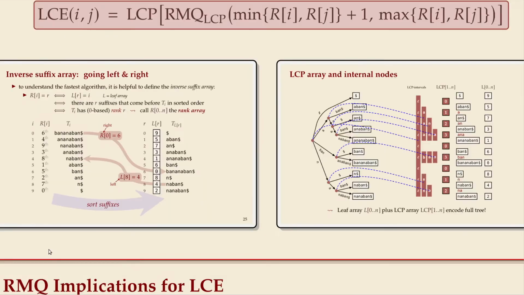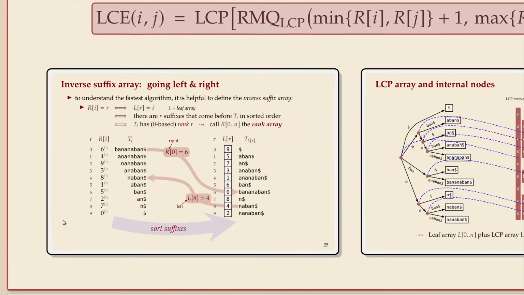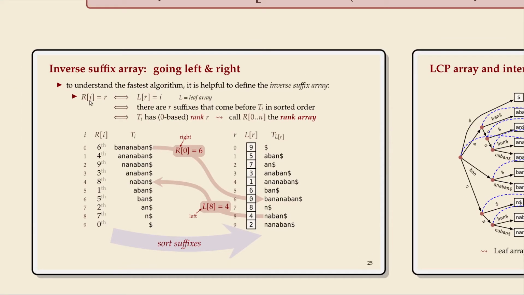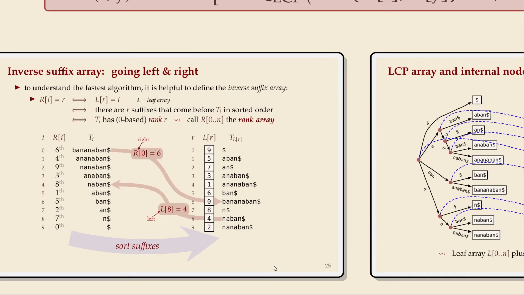Remember, just for getting the notation in everyone's head again, we had the suffix array L, the leaf array, which had the leaves of the suffix tree in sorted order. That is just the suffixes in sorted order. L tells you where this suffix starts, the first, the second, etc. in the sorted order. And we also had R, the rank array, which is the other direction, the inverse permutation.